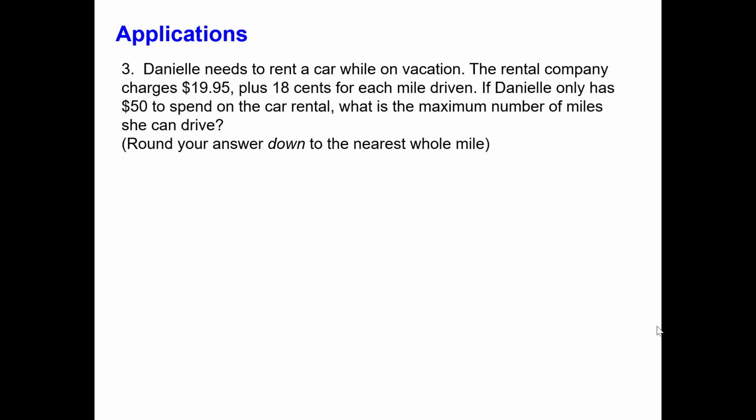Then what we had until now is the rental company charges $19.95, and this is in dollars. This is a fixed charge.